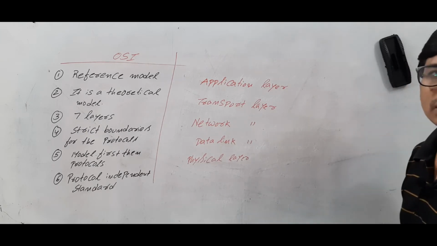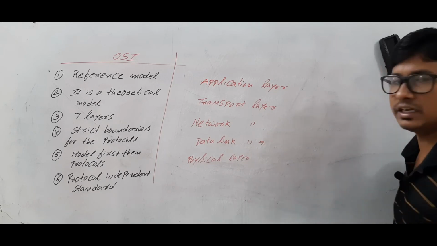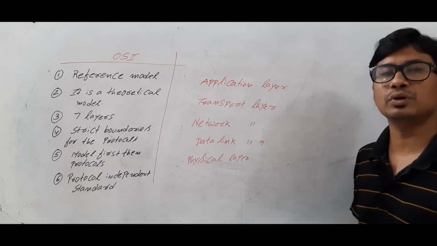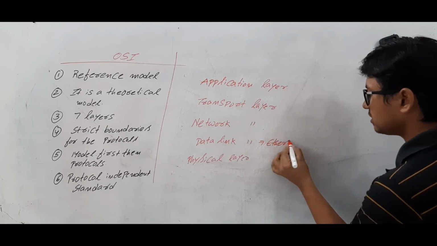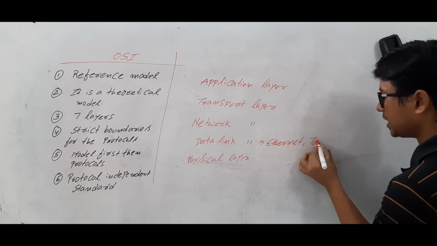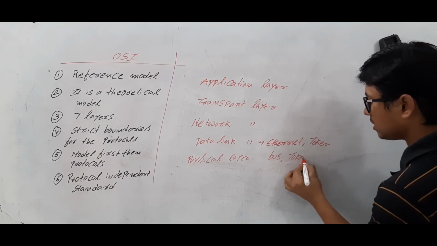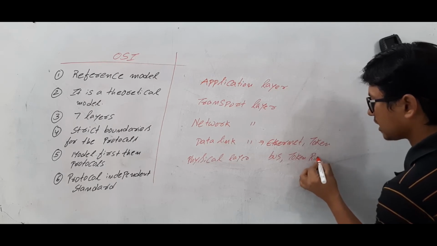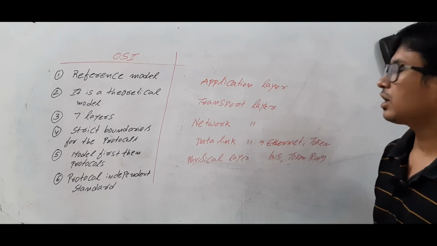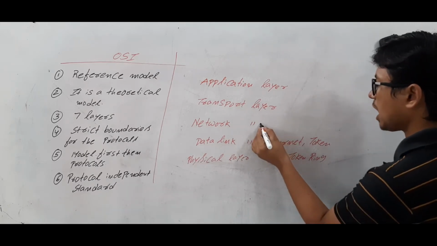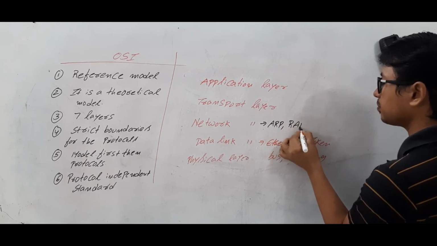Now, what are the protocols in each layer of the TCP/IP model? At the data link layer, you can have protocols related to LAN technologies such as Ethernet, token bus, and token ring. Coming to the network layer, we have protocols such as ARP and RARP.